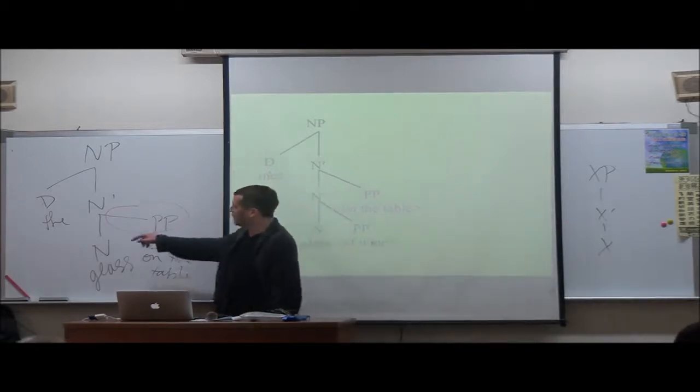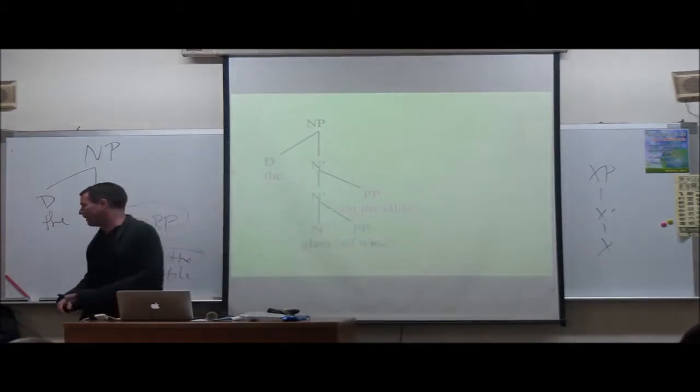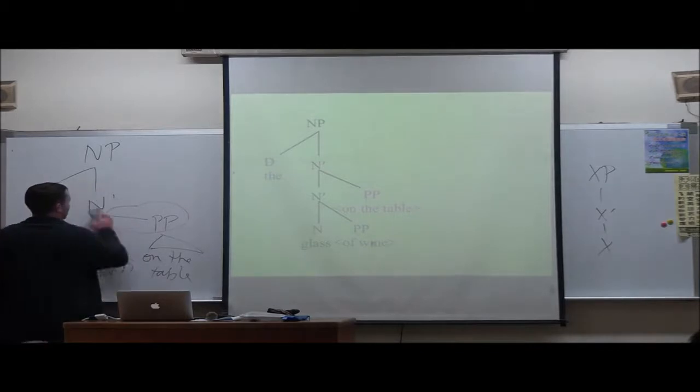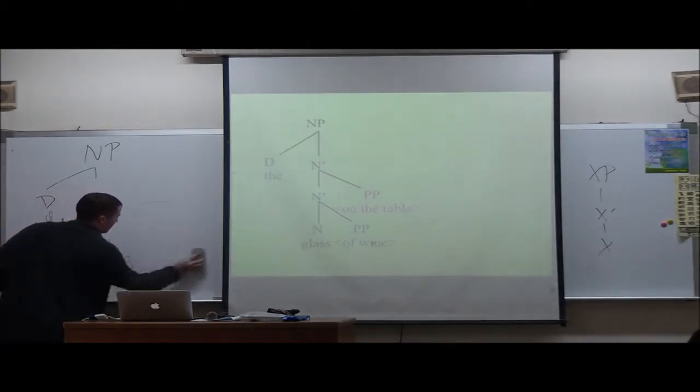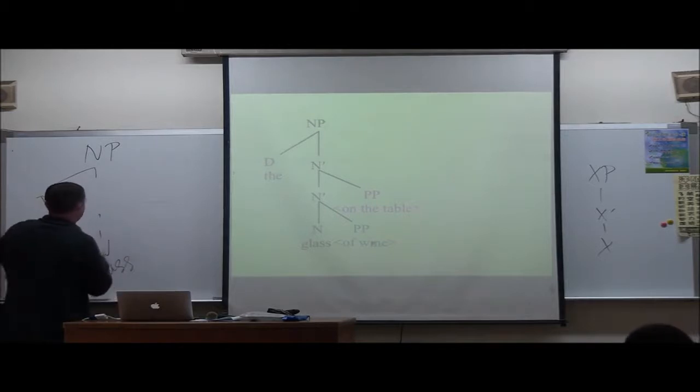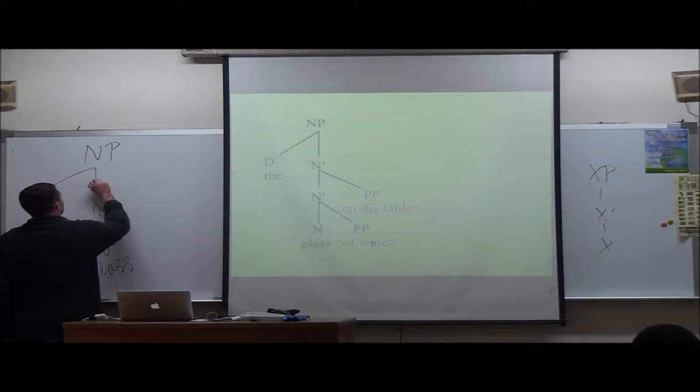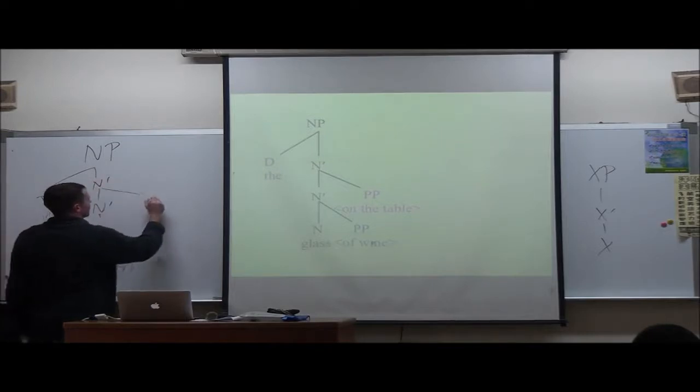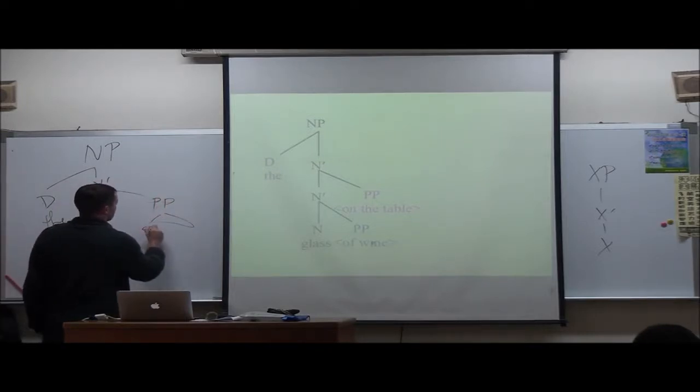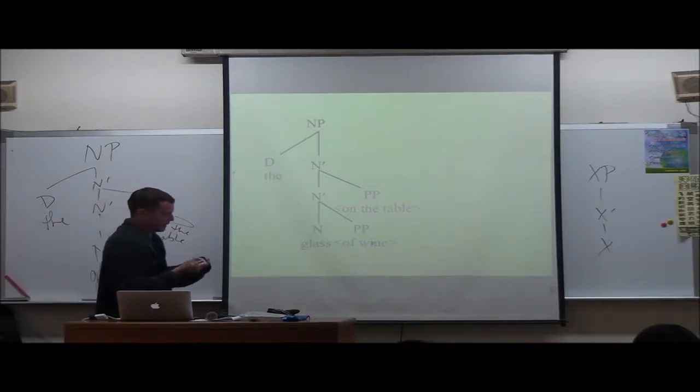Because this is not a complement. So don't draw it as a complement. So, as we said, the only thing you need to fix about this example is just take out the complement.